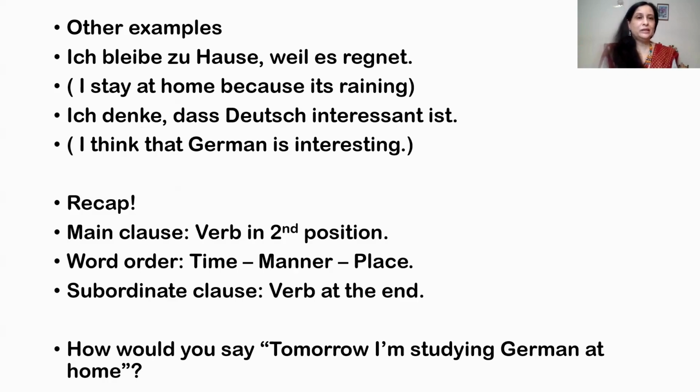Next example: Ich denke, dass Deutsch interessant ist. I think that German is interesting. So here also, in the first clause, the verb is at the second place, and in the second clause, it is moving to the end.